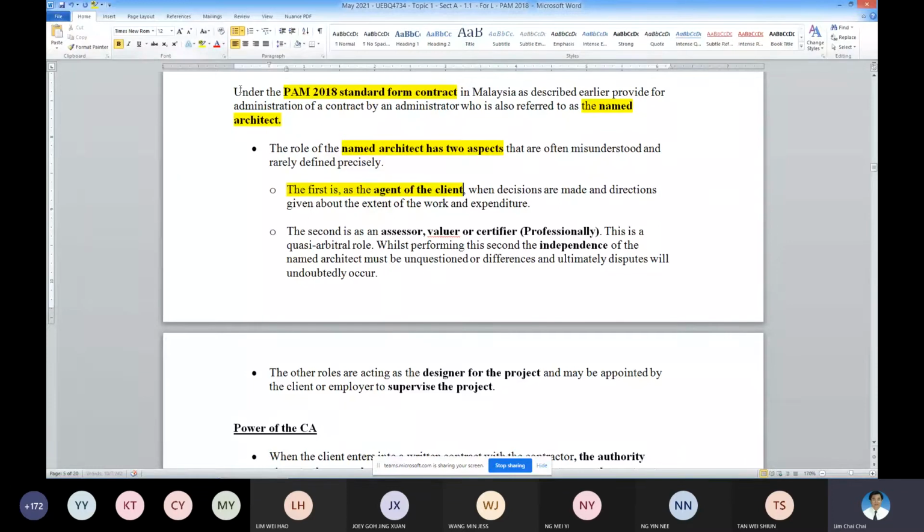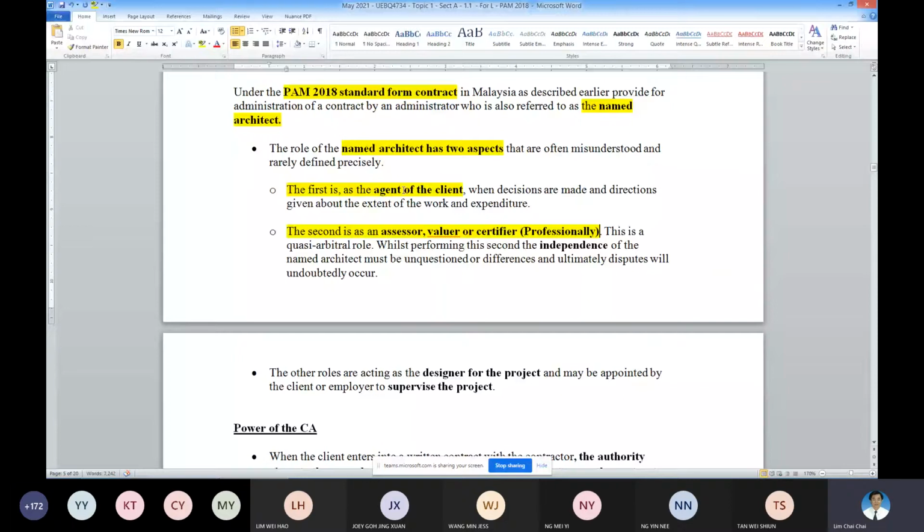The second one is acting professionally. The architect must act professionally in the sense that the architect is an assessor, valuer, or certifier of the contract. So the second role the architect is playing is a professional one. This one, agent, means a representative of the client. It represents the client.